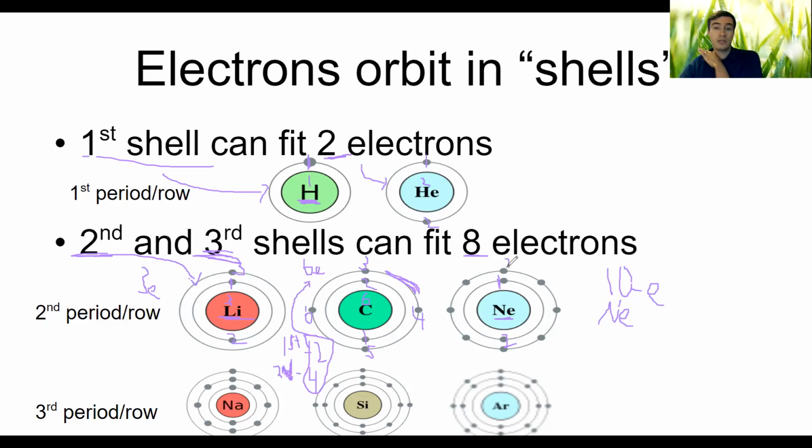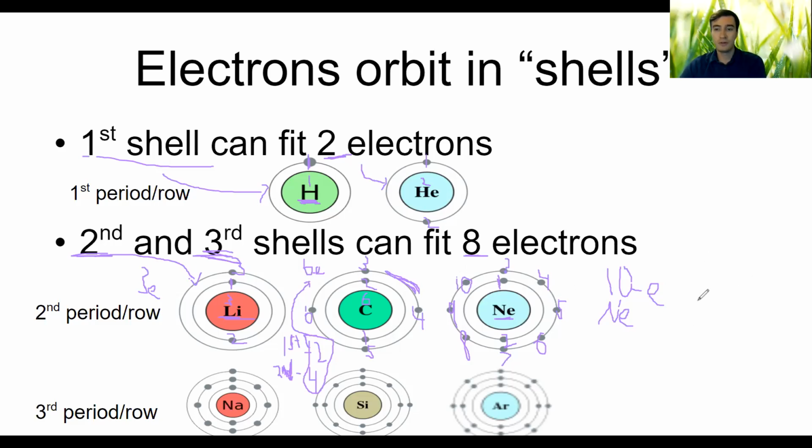So then 3, so 1 and 2 on the first shell, and then 3, 4, 5, 6, 7, 8, 9, 10. So the remaining electrons fit on that second shell.